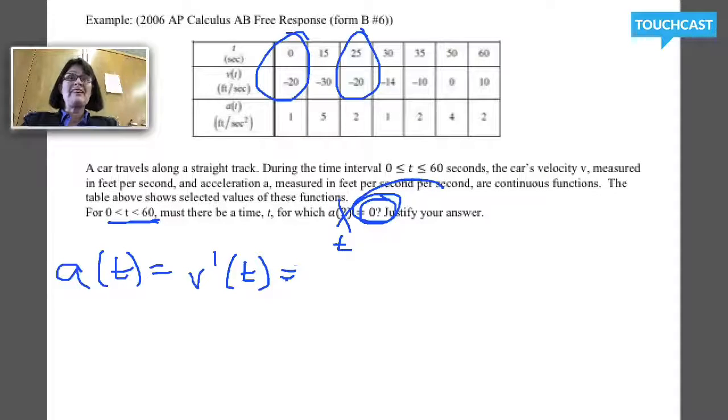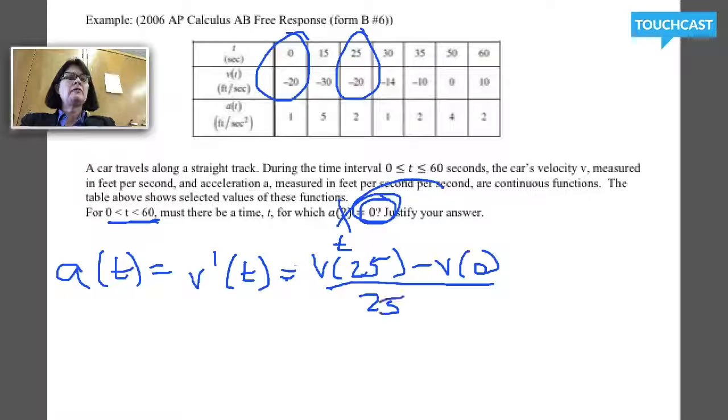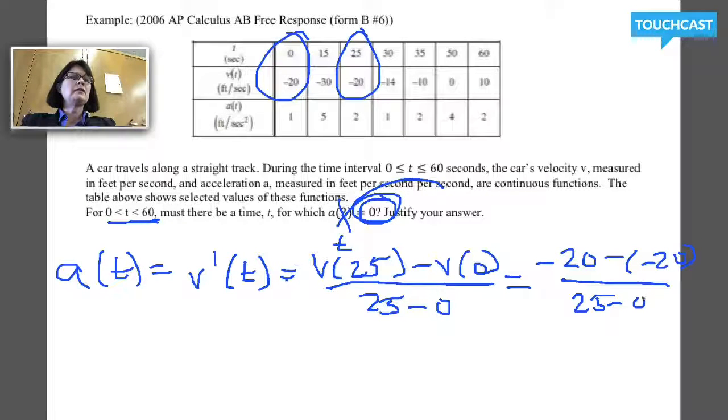All right, so this is the part where I find the average rate of change. The acceleration at time t is the same as the derivative of velocity at time t, and we want that to equal v of 25 minus v of 0 over 25 minus 0. You could do this in fewer steps, I suppose. Well, v of 25 is negative 20 minus negative 20 all over 25 minus 0.